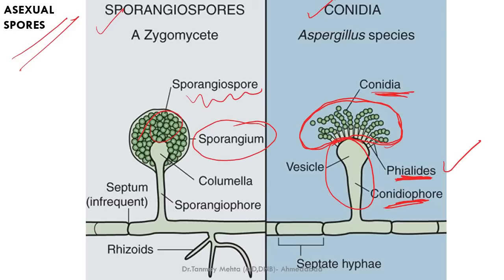Some people use spores and conidia interchangeably, but that is not correct. So sporangiospores are endogenous, while conidia are exogenous, right?